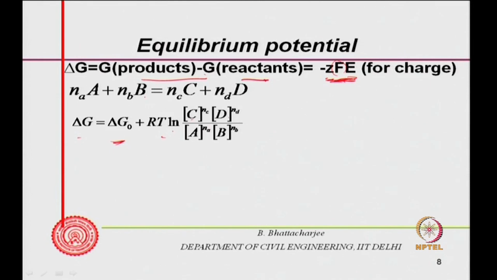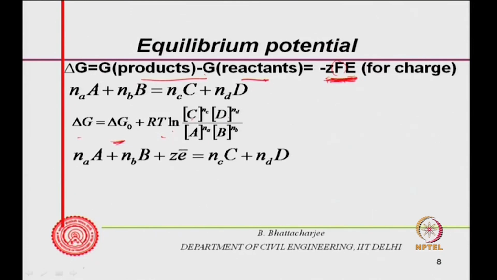This G is associated with 1 mole. So, Z multiplied by F will be the total charge associated with 1 mole, and E is the potential for unit charge. So, E is the energy, the work done, for unit charge, and multiplied by the total charge it can be related to delta G. So, when I am dealing with charges it will be ZFE.